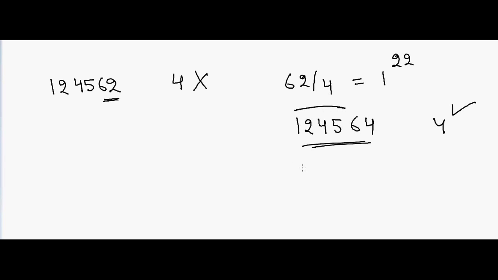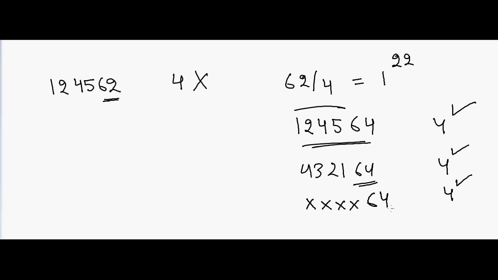I can write 4 3 2 1 6 4, then again it is divisible by 4, or I can write anything x x x x and 64, and this number should also be divisible by 4. So I have to look at the last 2 digits to check if the number is divisible by 4 or not. In this case it is not.